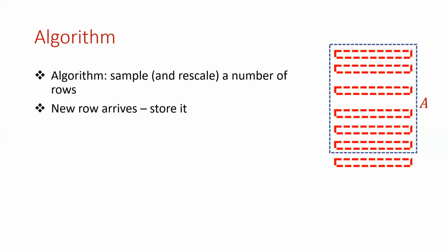Now a new row arrives, and we know that we should always store the new row based on our previous example. So we're going to store this new row, which corresponds to a new red row because we store it. Because we see a new row, an old row has possibly expired and A will be updated, the matrix A.